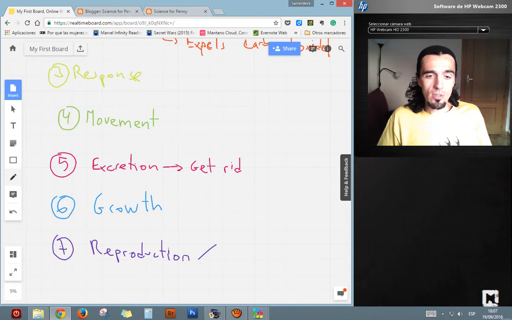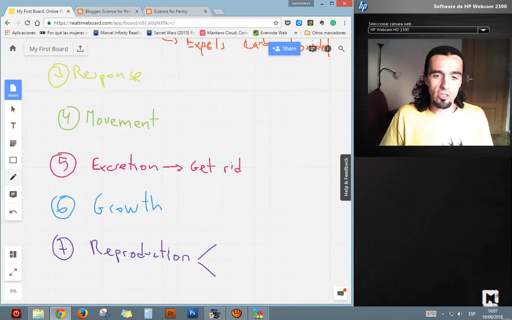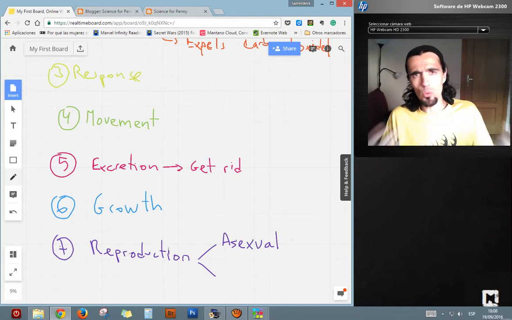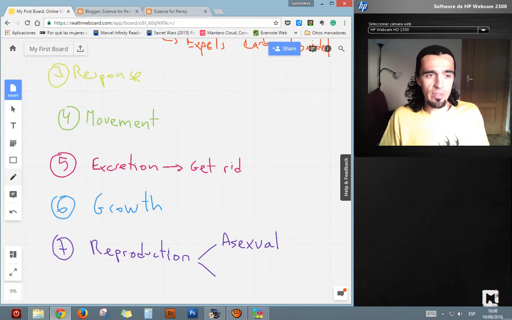And we have basically two ways of reproduction. Asexual, which means that just one individual is able to reproduce himself. There are many plants and microbes that can do this.